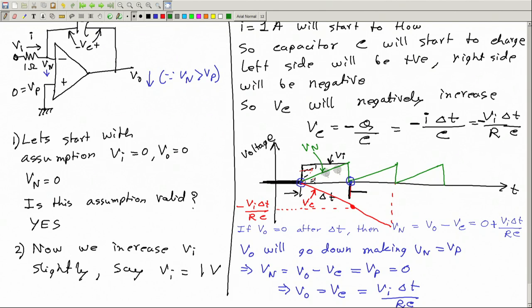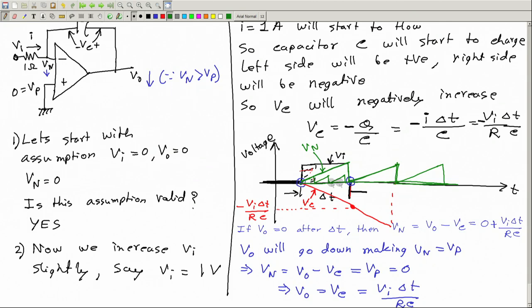And these two things actually happen so fast that, although I have drawn it discretely, that for some time Vn increases, then the op amp decreases the Vn, then again Vn increases, it actually happens so fast and so smooth and so continuous that Vn increases slightly and immediately decreases, increases slightly, immediately decreases, so that it looks like almost it's 0 always.